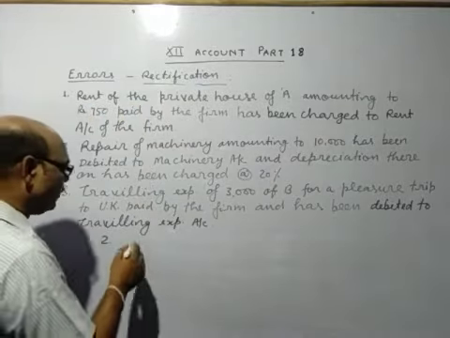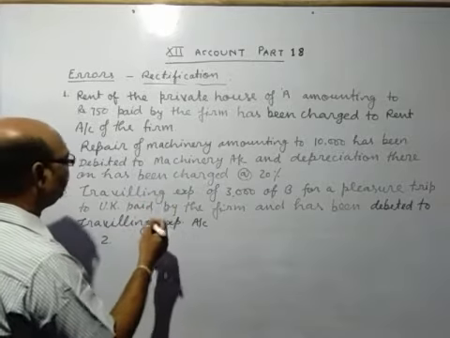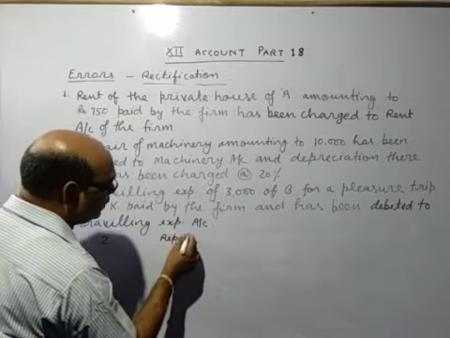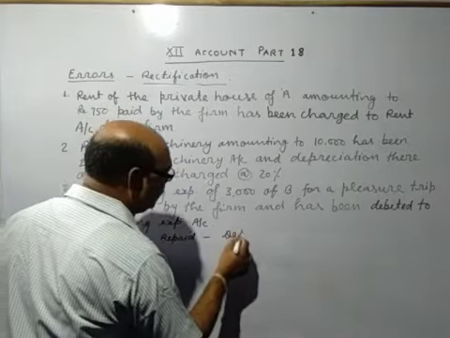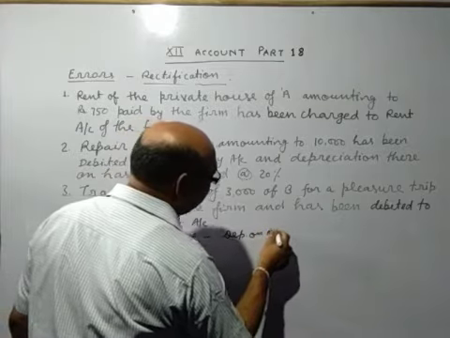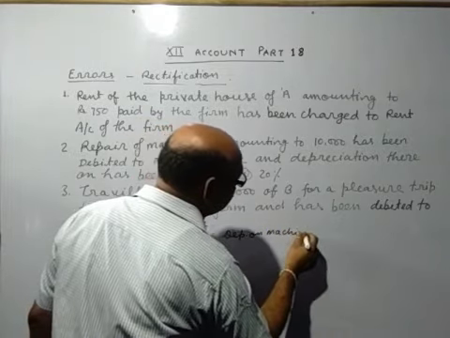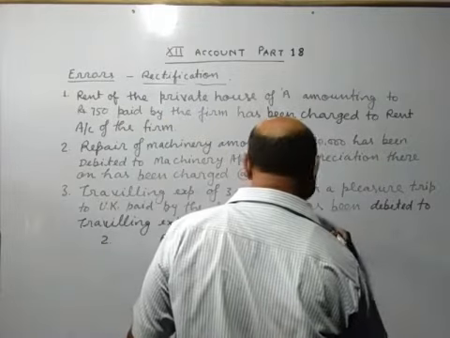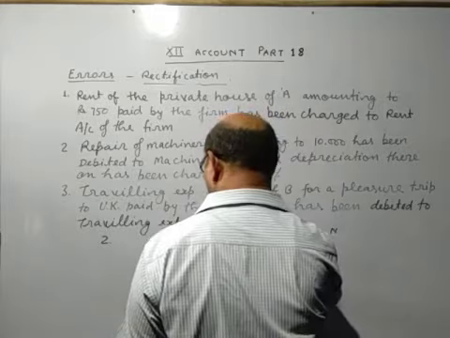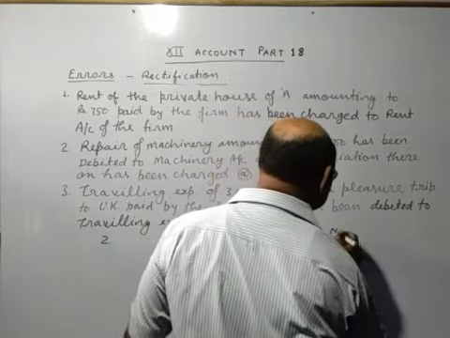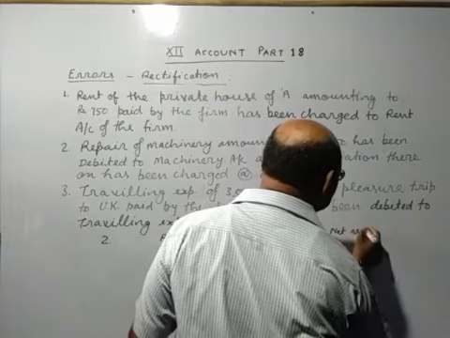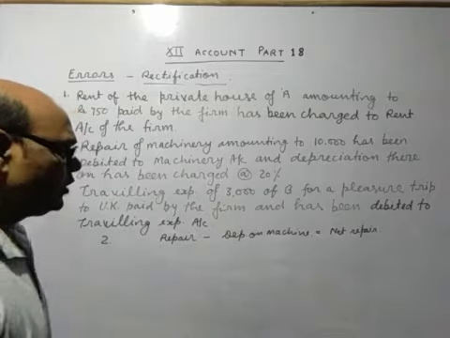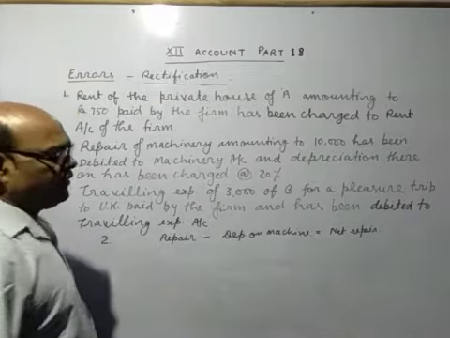So first we calculate the difference amount: repair minus depreciation on machine. Now the net repair will come. With the net repair amount, you will make the rectification.